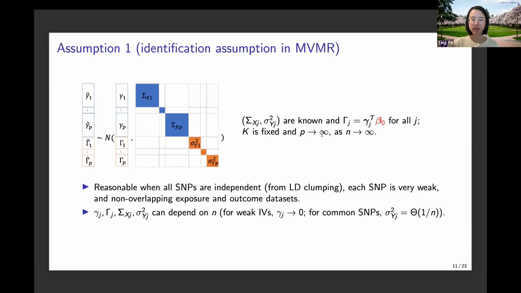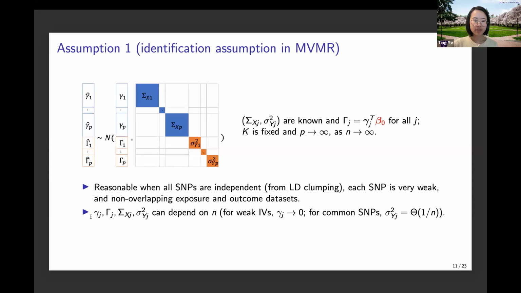And we will let the number of IVs go to infinity as the sample size goes to infinity, where the sample size is the minimum sample size in all the GWAS data we use. Essentially, this assumption is reasonable when all the IVs are independent, as is the case if they are obtained from LD clumping, and each SNP is very weak, and we have non-overlapping exposure and outcome data sets.